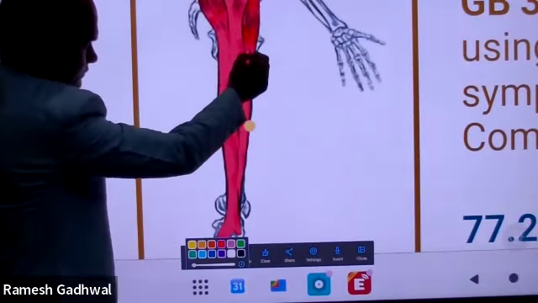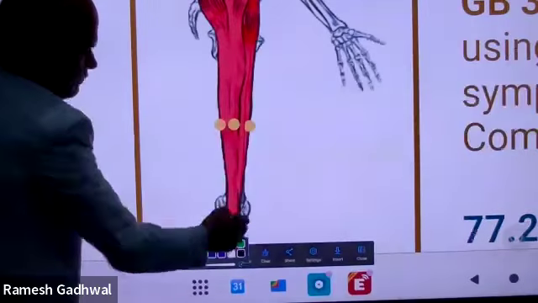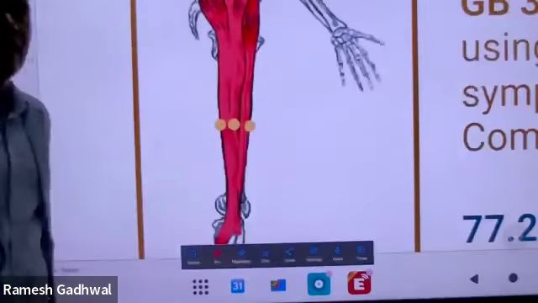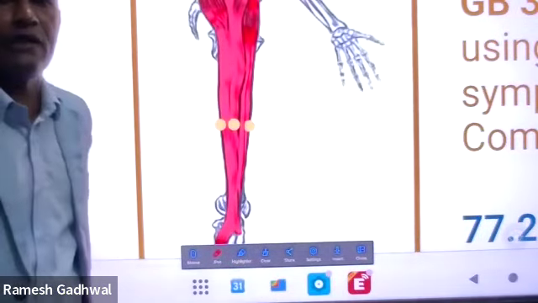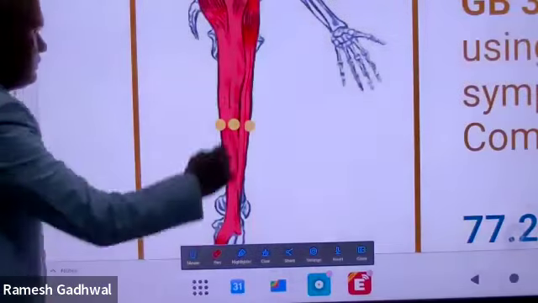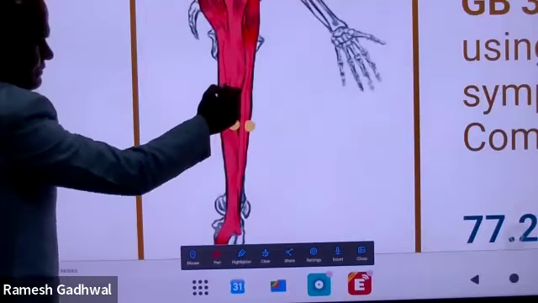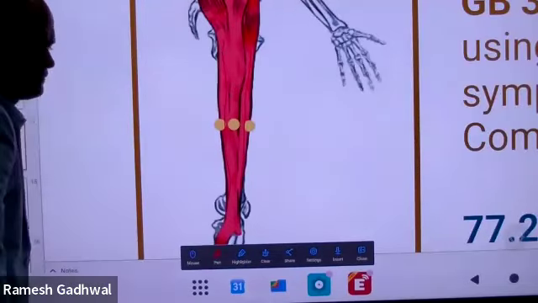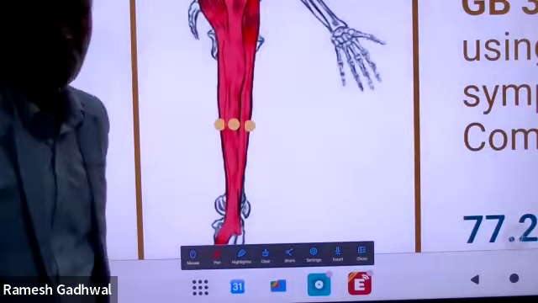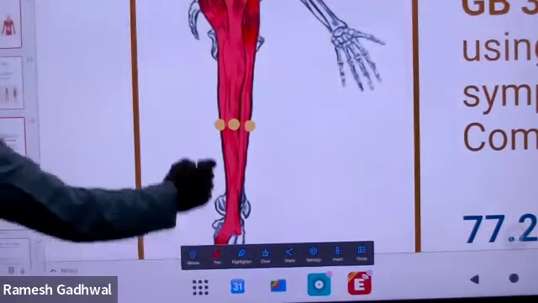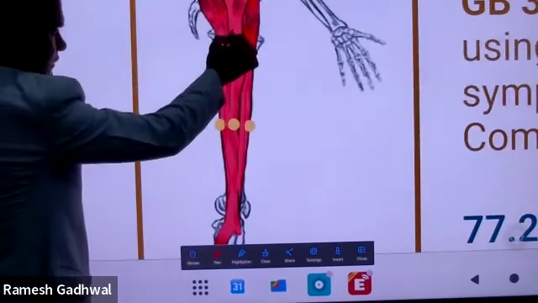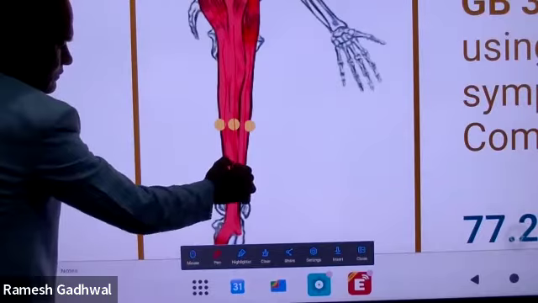This muscle, vastus lateralis, that is on the superficial front line. This muscle is biceps femoris, that is the superficial back line. And this is the tensor fasciae latae, IT band.